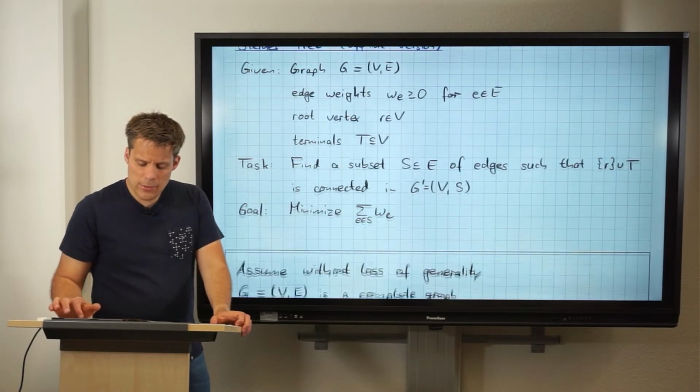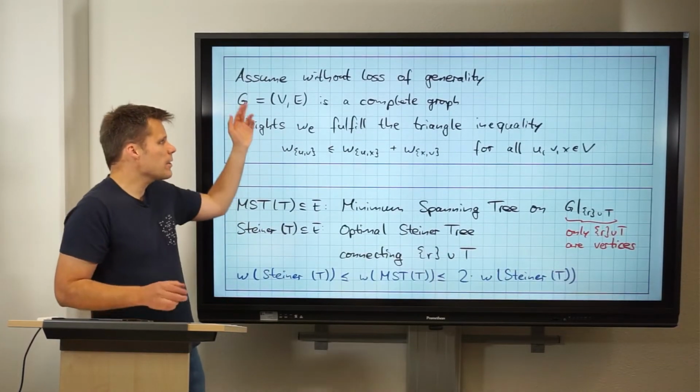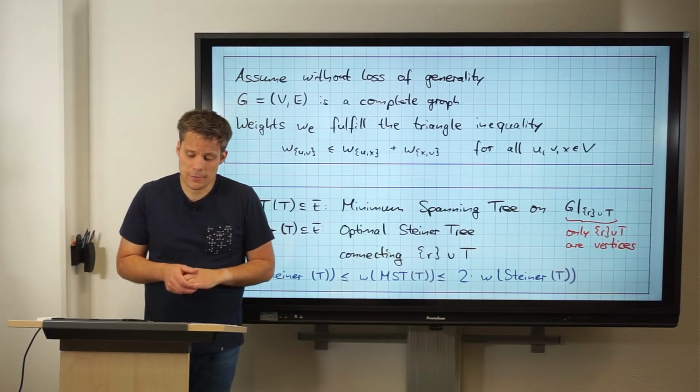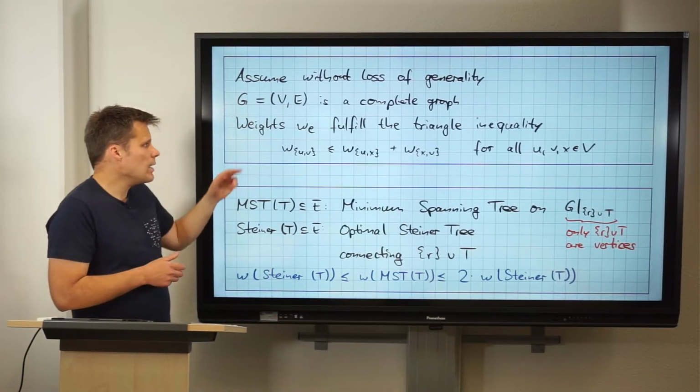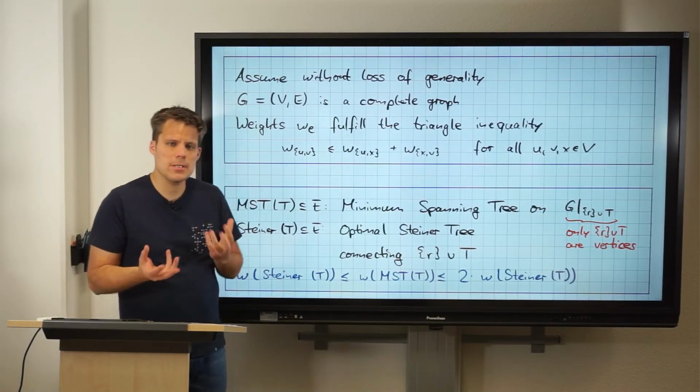Let's also recall what techniques we can use. We can, without loss of generality, assume that this graph is a complete graph and that the weights fulfill the triangle inequality. Why can we assume these things?